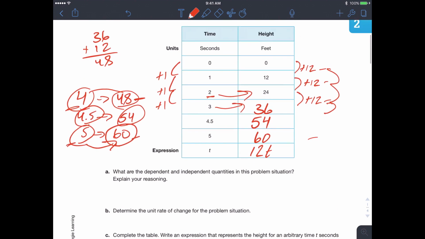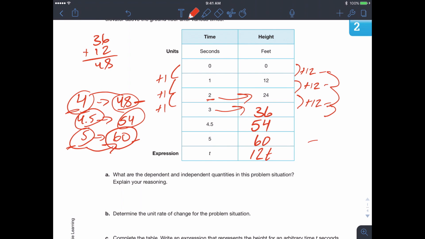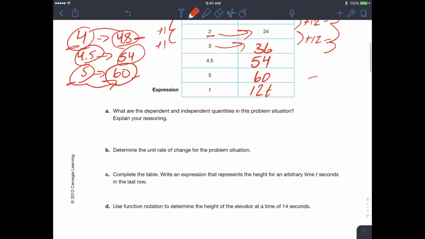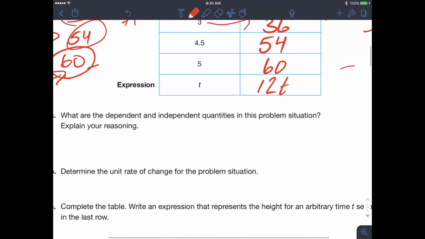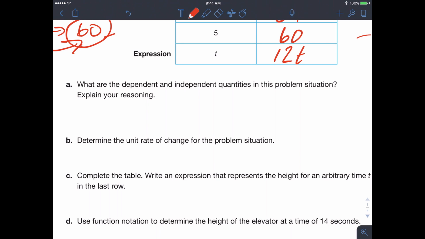Alright. What are the dependent and independent quantities in this problem situation? Explain your reasoning. Independent and dependent, usually the quote-unquote x and y. It's right here. Independent, dependent. So, independent is time.